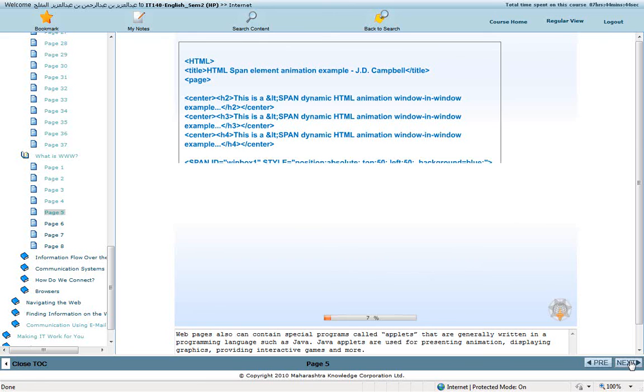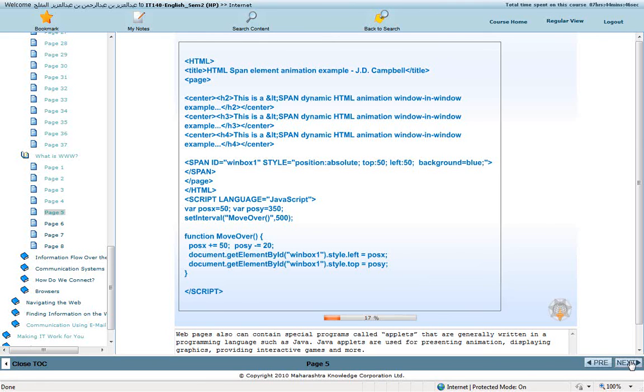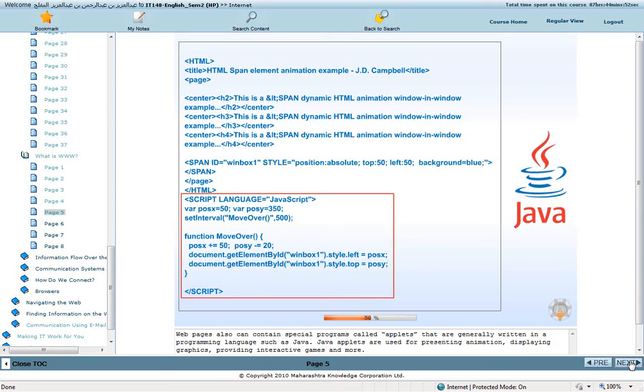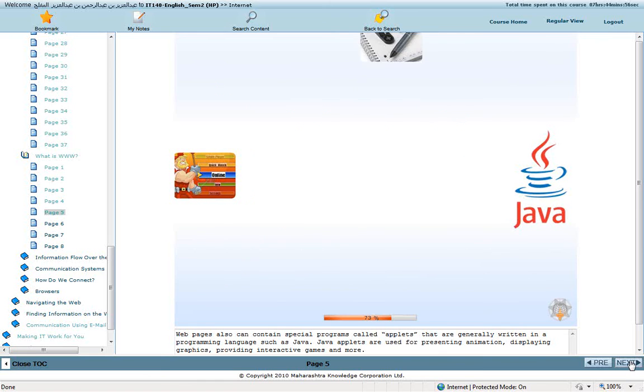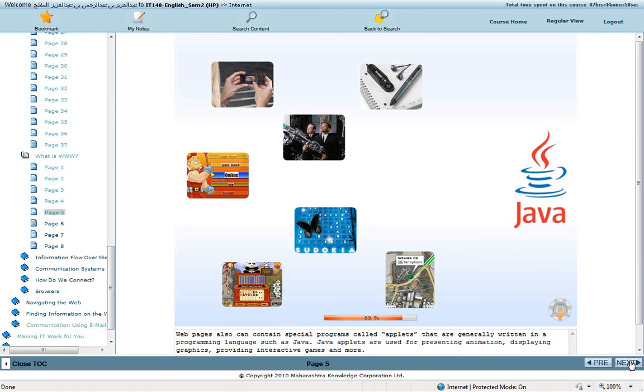Web pages also can contain special programs called applets that are generally written in a programming language such as Java. Java applets are used for presenting animation, displaying graphics, providing interactive games and more.